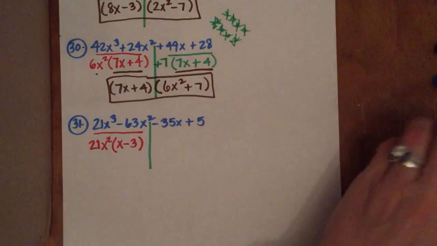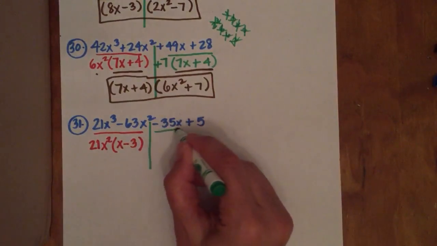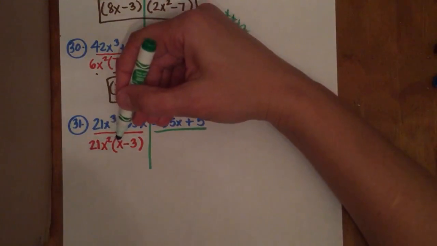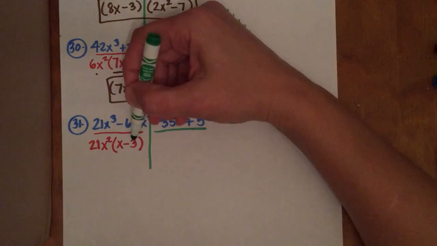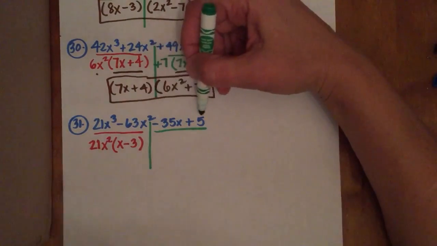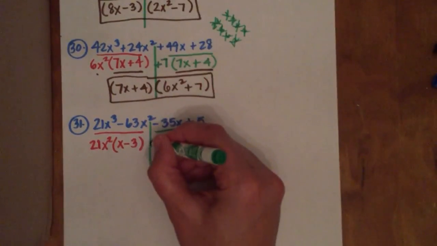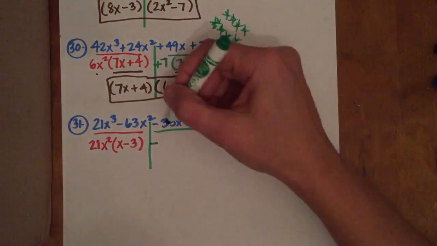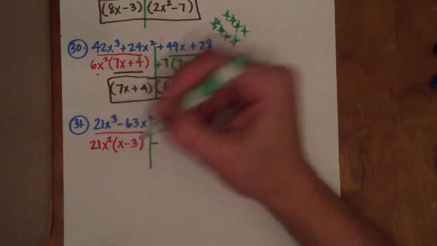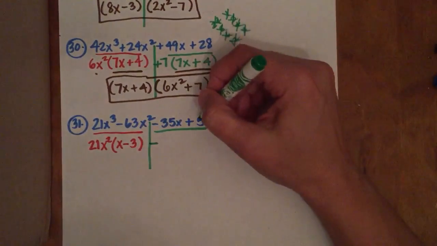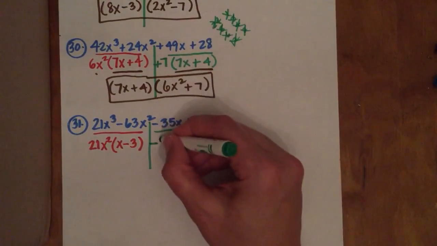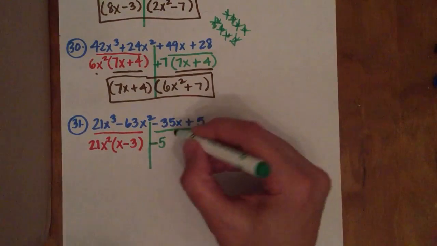So let's go to our second group. Now again, I have positive x, negative constant. Over here I have negative x, positive constant. So when I factor out, I want to factor out a negative so that the signs change and give me something that matches the first one. So between 5 and 35, I can factor out a negative 5.